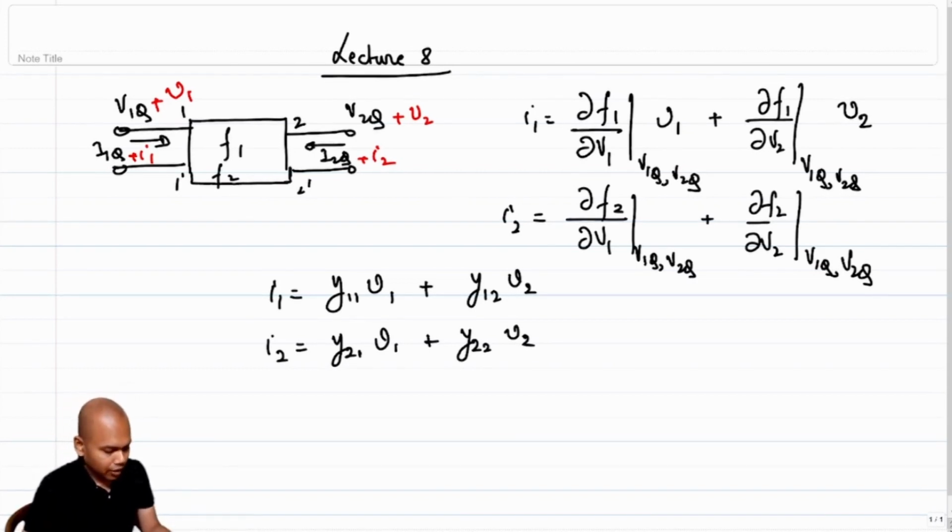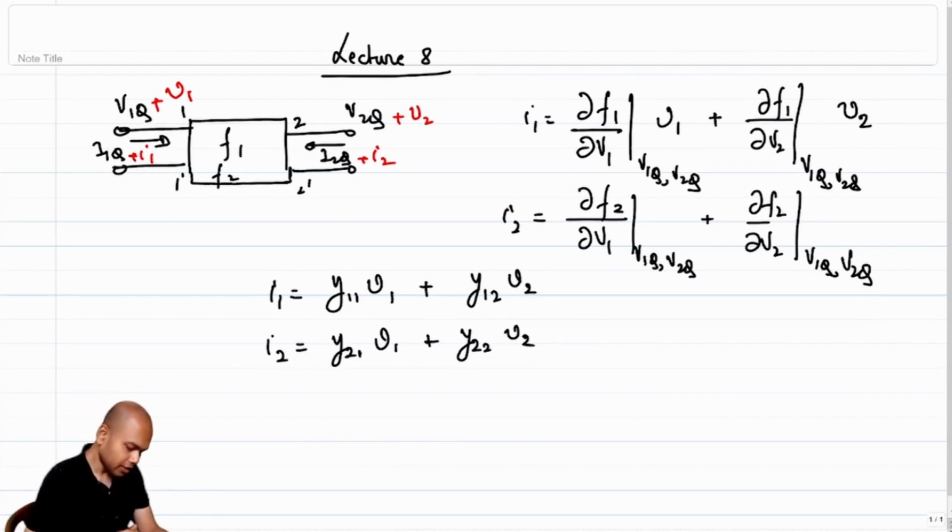Similarly, if I have to find out Y12, I'll have to incrementally short circuit the input port and find out the relation between I1 and V2. That is, I have to excite port 2 and figure out what will be the incremental change in the current I1 under the condition that the voltage at port 1 is held constant or incrementally shorted.